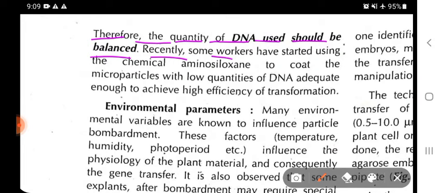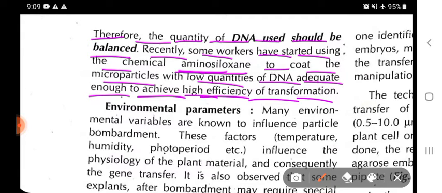Recently, some researchers have started using the chemical aminosiloxane to coat the microparticles with low quantities of DNA, adequate enough to achieve high efficiency of transformation.